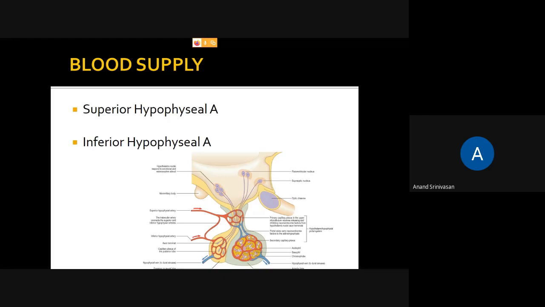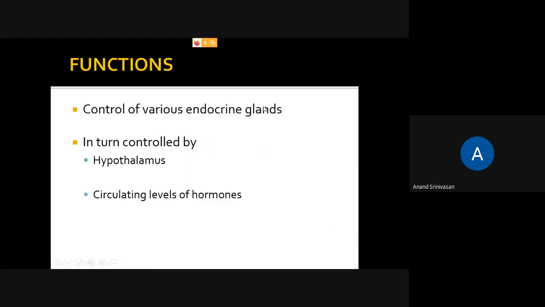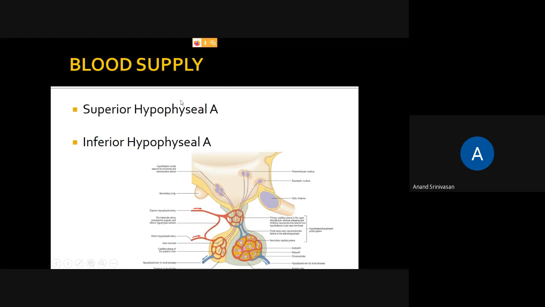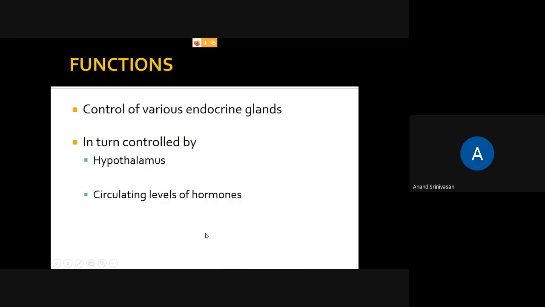The blood supply of the pituitary gland is by the superior hypophyseal and the inferior hypophyseal arteries. The functions, as said before, will be discussed in detail by physiology in your next semester, but I'll just give you an overview.